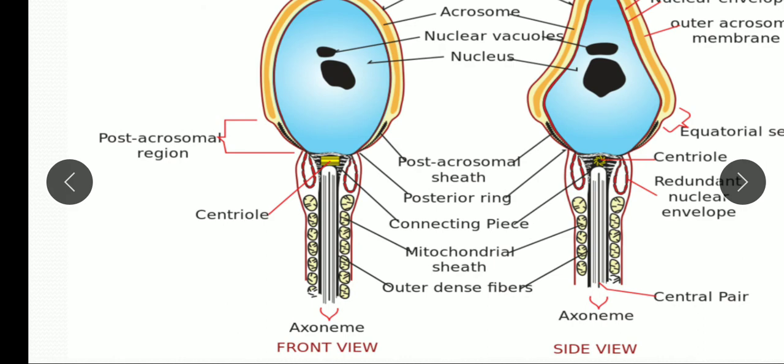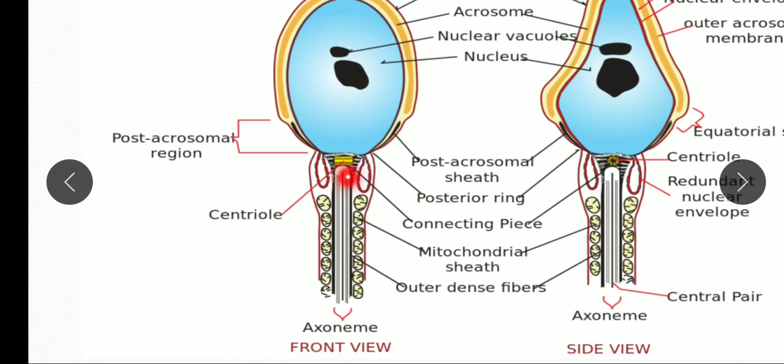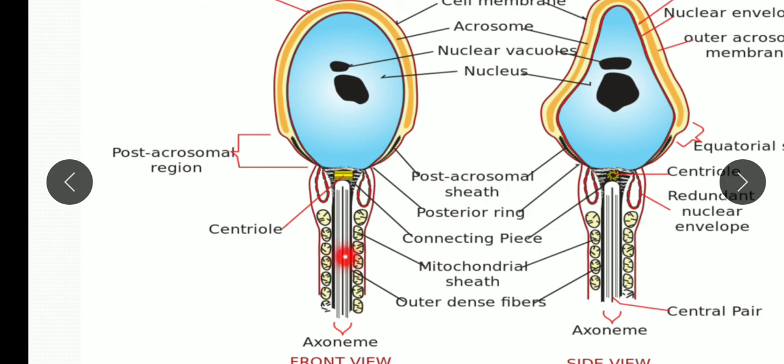Then we will come to the middle piece. Just posterior to the head, there is a small region with a constricted neck. It contains two centrioles, as I already explained to you. One is anterior and the other is posterior. The anterior centriole, which is present here, is the proximal centriole.